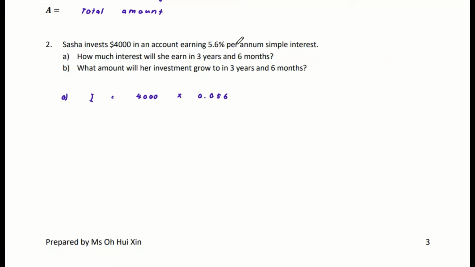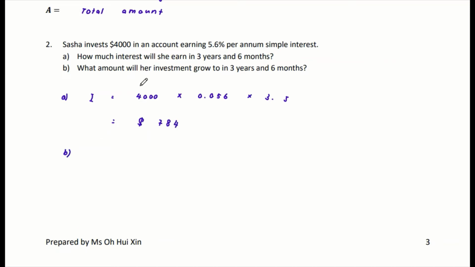The interest rate is given per annum, which means the time period that you should use here is in years as well. So 3 years and 6 months is 3.5 years. Multiply 3.5, and from here you'll be able to get $784.